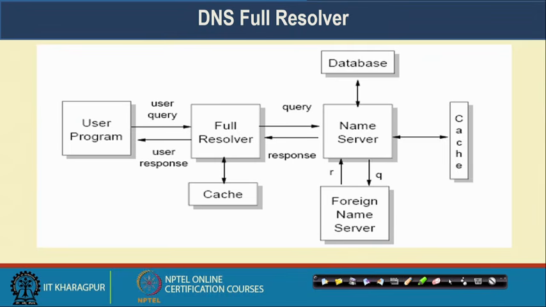The full resolver maintains a cache by which it remembers the mapping, so that it does it much faster next time, whereas the name server has its own database and cache, and if it does not have the answer, it sends it to the other or foreign name server, right. This is a full resolution. So, the user program in turn sends to the full resolver and gets it done.